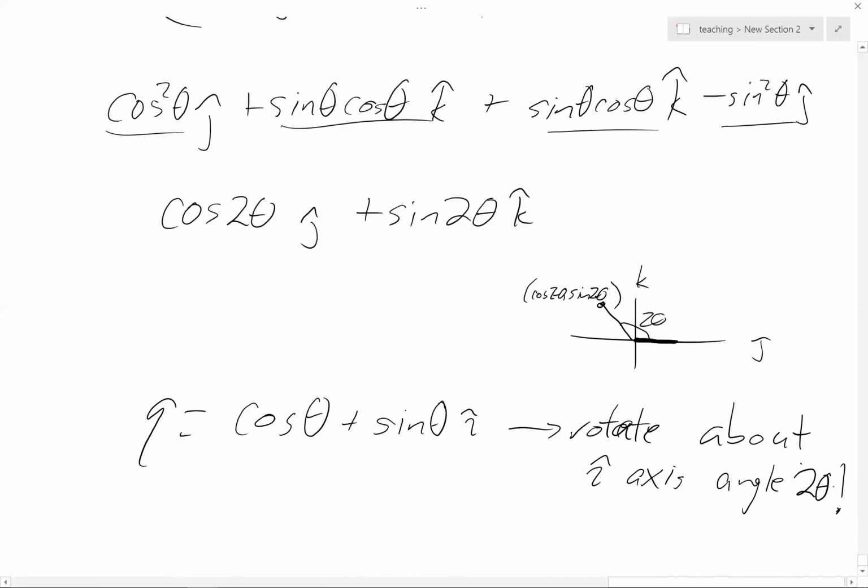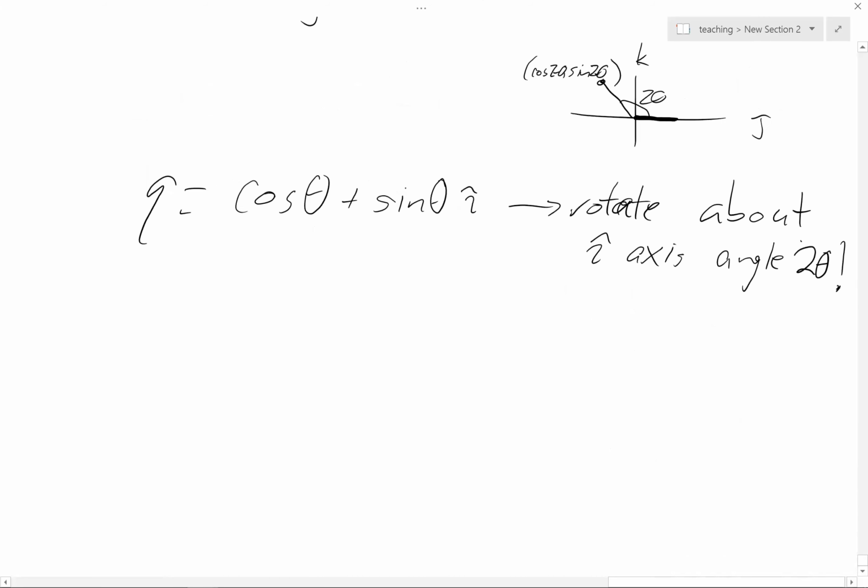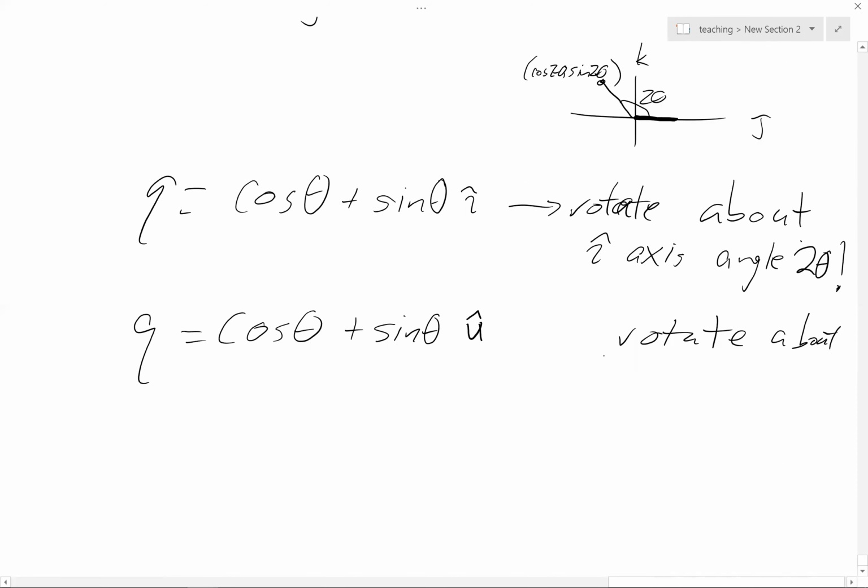Okay? And same thing, if you did any other vector, so this happened to be I, but any other unit quaternion can be written as cosine plus sine theta times a unit vector. So this would be rotate about the line through this unit vector by angle 2 theta.